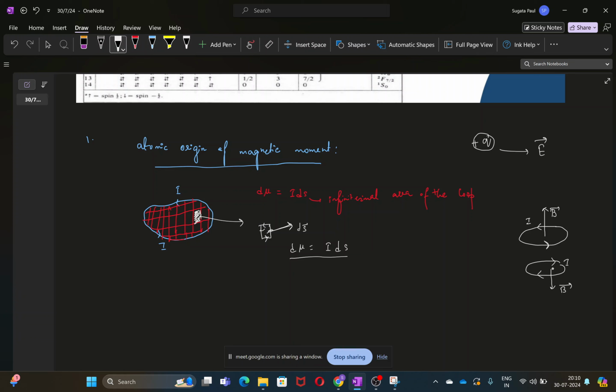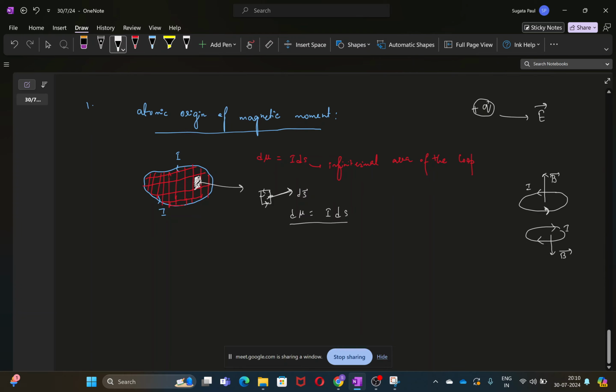Now this is about the magnetic field, but in the same manner, if there is some object put inside that loop, then flowing a current on that loop magnetizes the object inside.